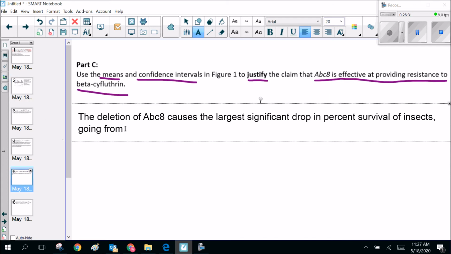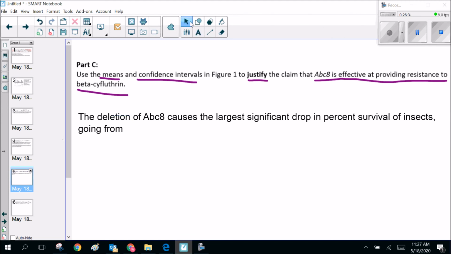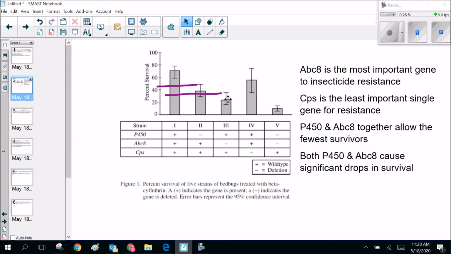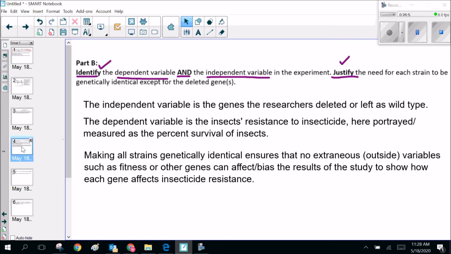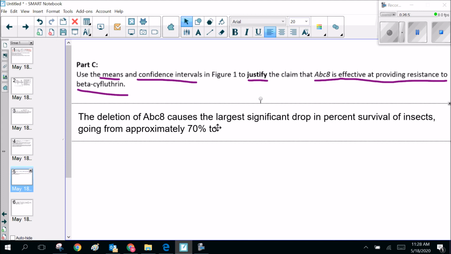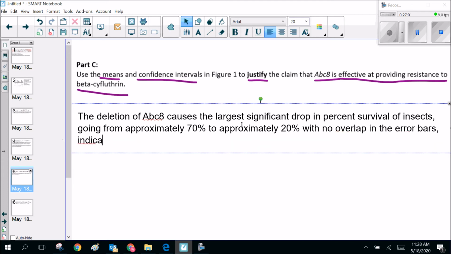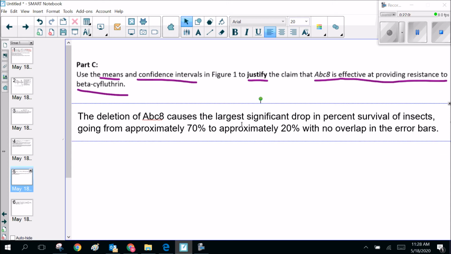So going from approximately 70% to, and let's see what it drops down to here. And I'm going to use the mean again. So if I'm using the mean, it drops down to about 20. Okay. So to approximately 20% with no overlap in the error bars, indicating, and actually we can go ahead and say that because we already said significant.